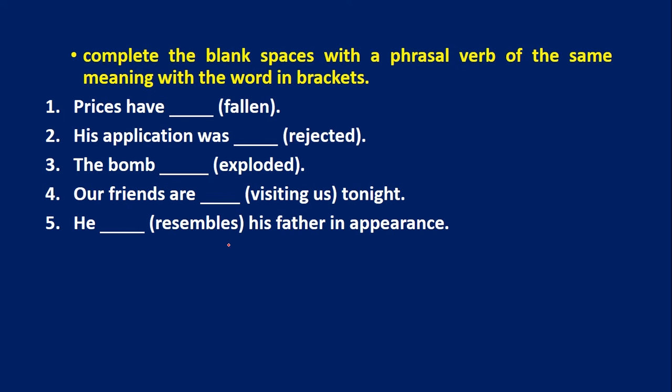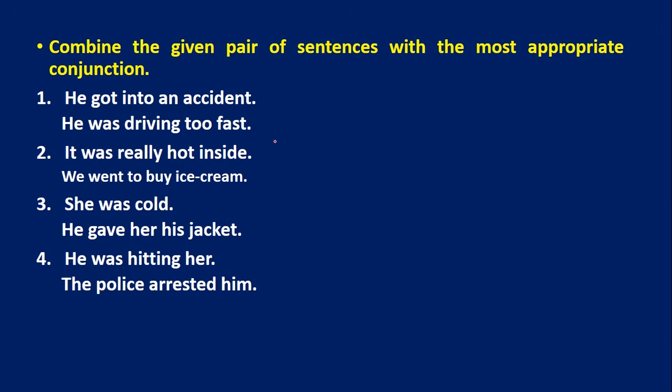And then the next exercise is combining two sentences by conjunction. And please don't use because, because if we do, the whole exercise is gonna be meaningless, since everybody uses it.